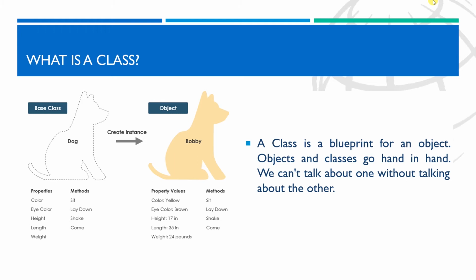For example, a dog has states, like color, name, and breed, as well as behaviors like barking, eating, and walking. In this case, Bobby is an instance, or an object, of the class Dog.